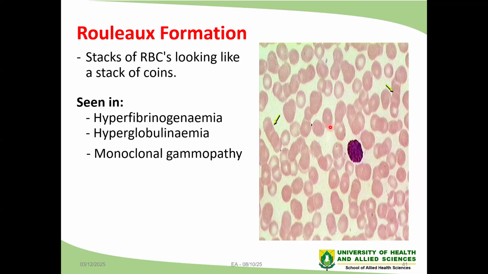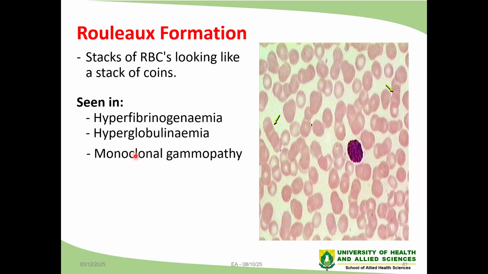And then you may also have increased levels of globulins in the blood, which could also lead to the formation of this rouleau. If we understand the principles of the test we call the erythrocyte sedimentation rate, then it will be fairly easy for you to understand why hyperglobulinemia and hyperfibrinogenemia would result in rouleau formation.